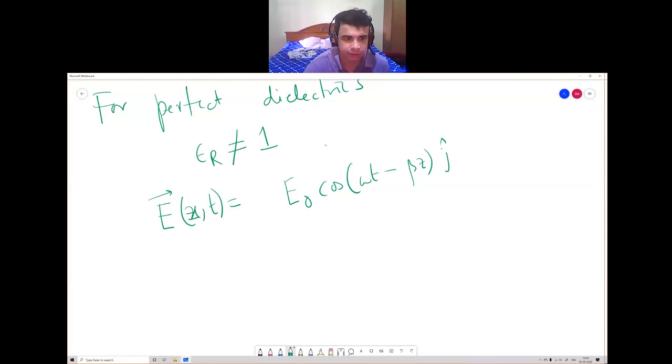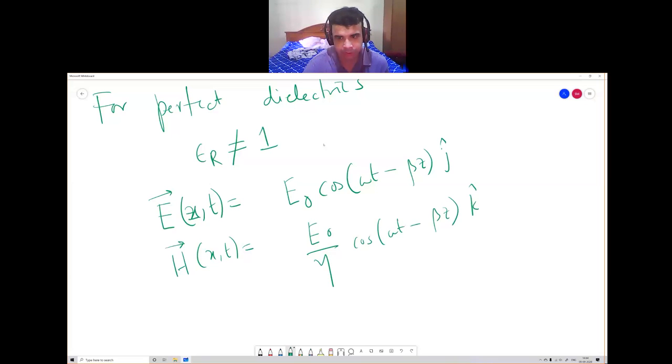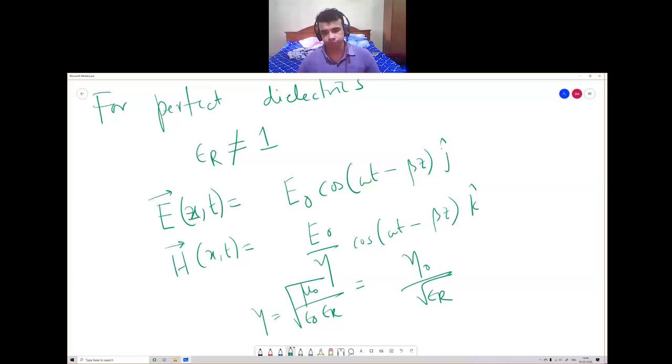The first change will come here. H(x,t) will be E naught by eta, not eta naught, cos(omega t minus beta z), where eta equal to square root of mu naught by epsilon naught epsilon r, or eta naught by square root of epsilon r, right?